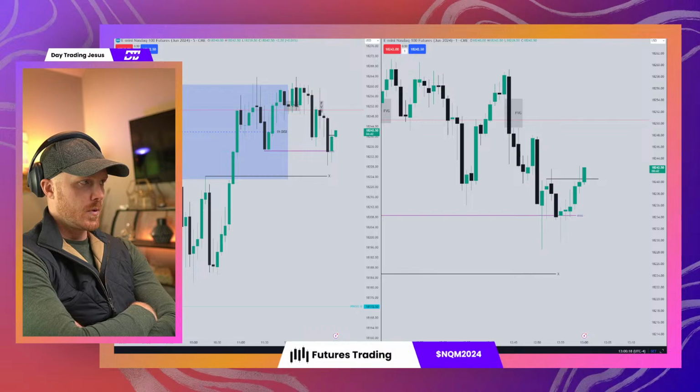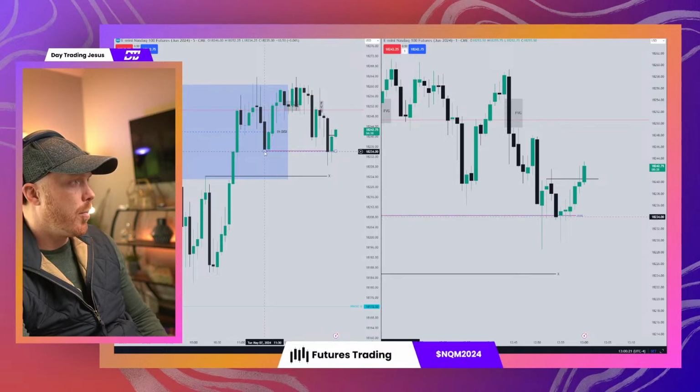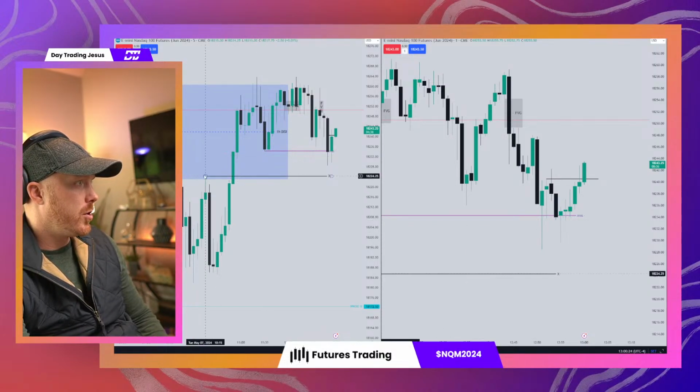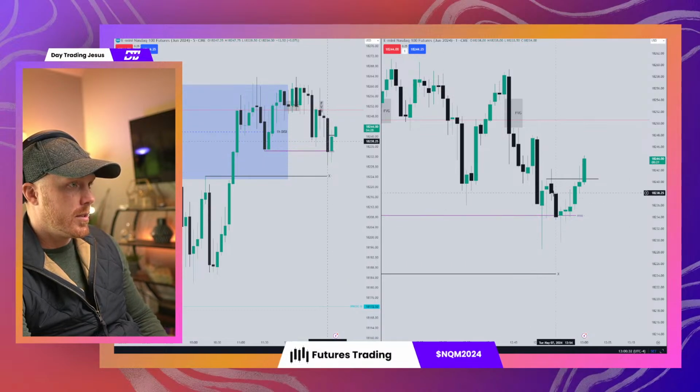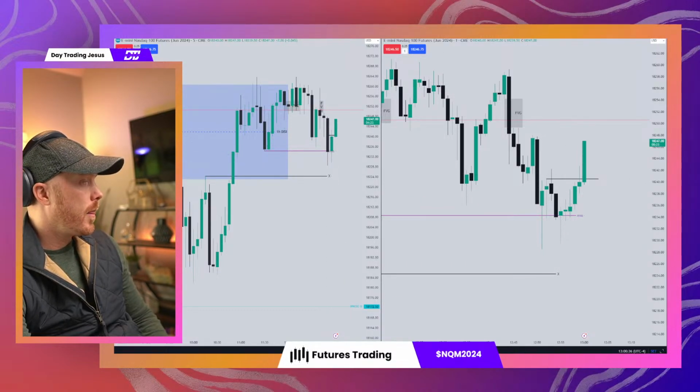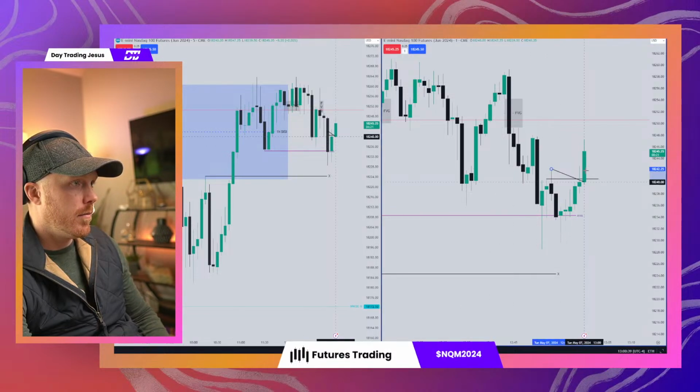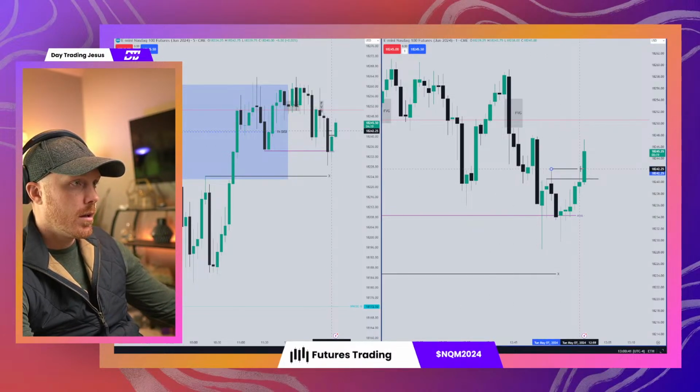All right, so we've grabbed liquidity. If we are bullish, let's talk about that. We do have this breaker. We found some support. We took liquidity on the sell side, and now we have broken a smaller level right here.